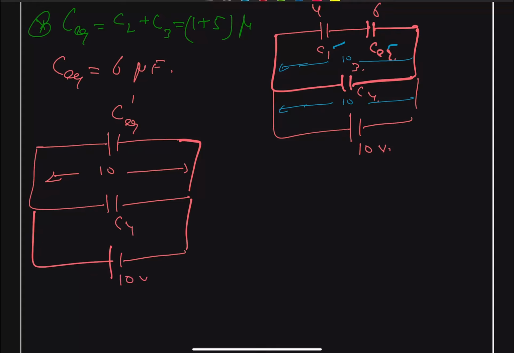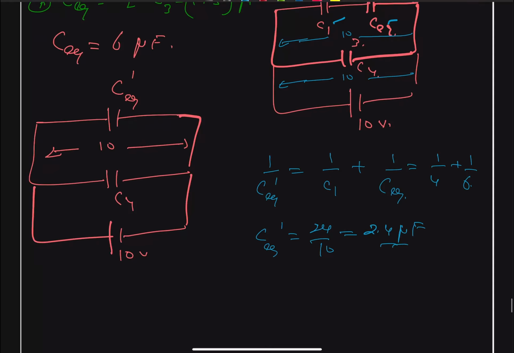So we can say 1 upon C equivalent prime is equal to 1 upon C1 plus 1 upon C equivalent, so 1 upon 4 plus 1 upon 6. So C equivalent prime comes as 24 by 10, which gives us 2.4 microfarad.